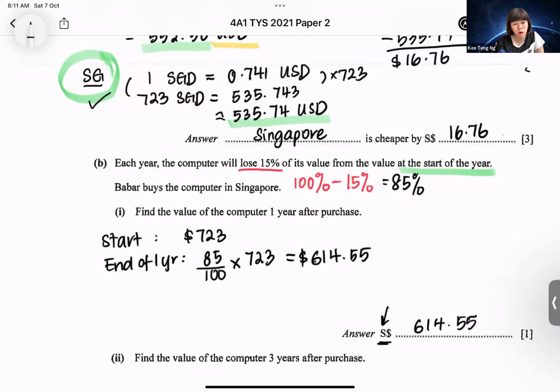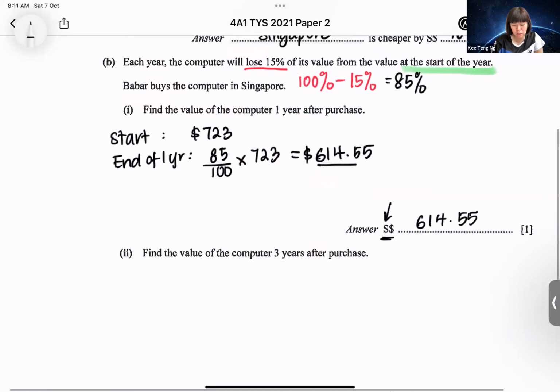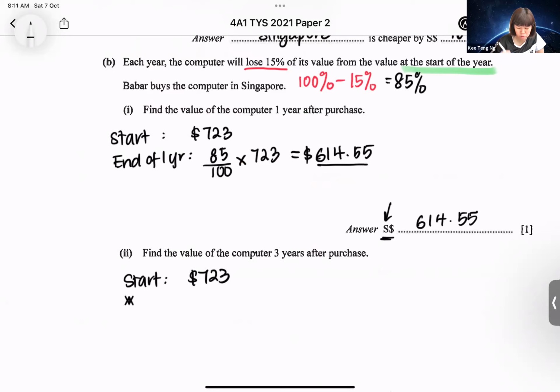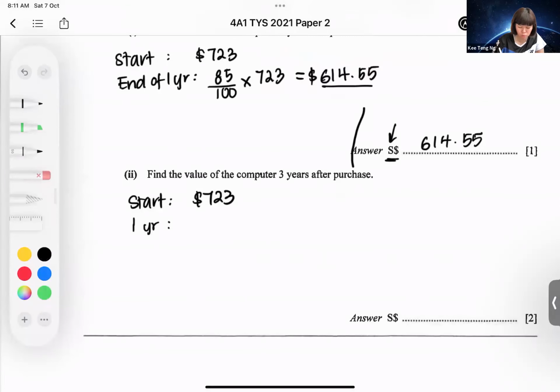Find the value of the computer 3 years after the purchase. So this one I already did the first year. So the start was 723. After year 1, the value left is 614.55, which I calculated just now.